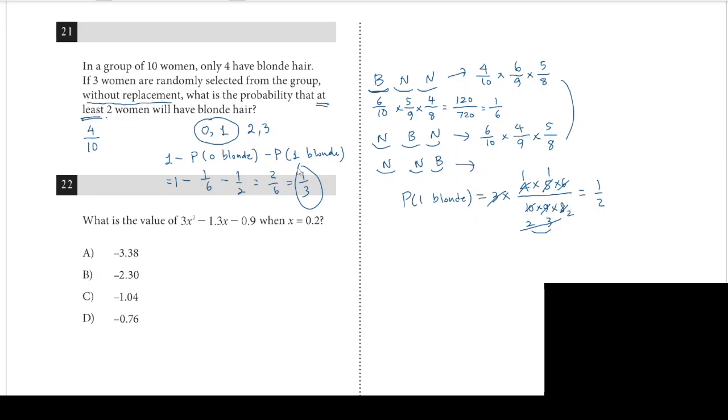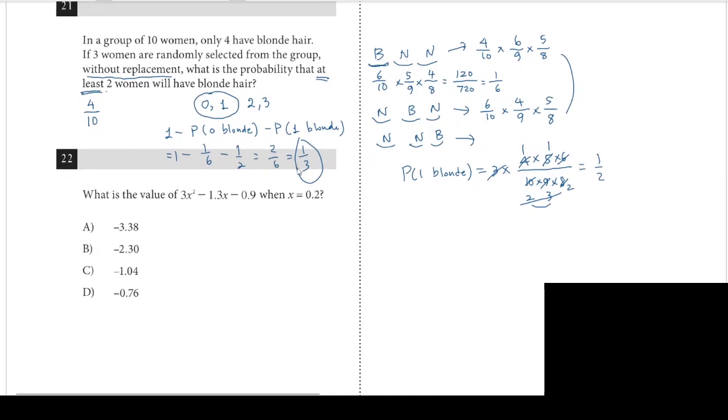Okay? Number 22. What is the value of this expression when x is equal to 0.2? Oh, are you kidding me? Just plug it in. I don't know why this kind of question is number 22. So 3 times 0.2 squared minus 1.3 times 0.2 minus 0.9.